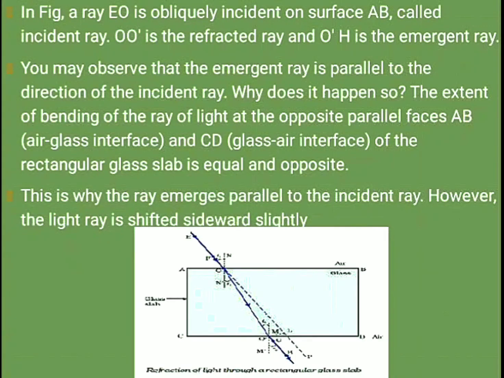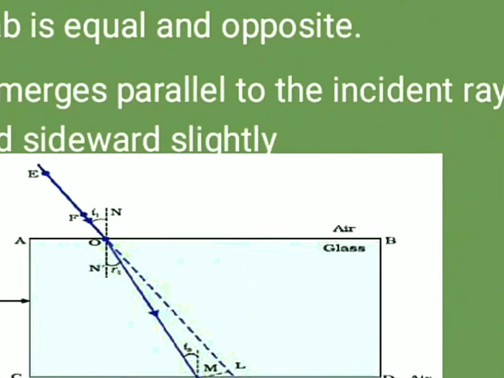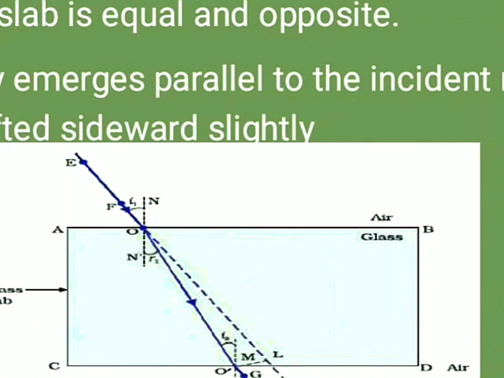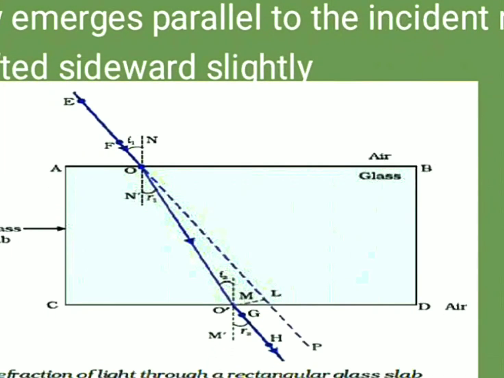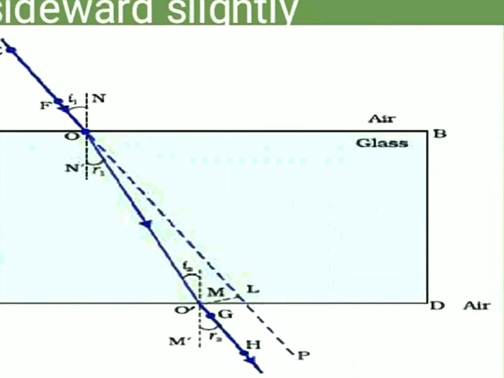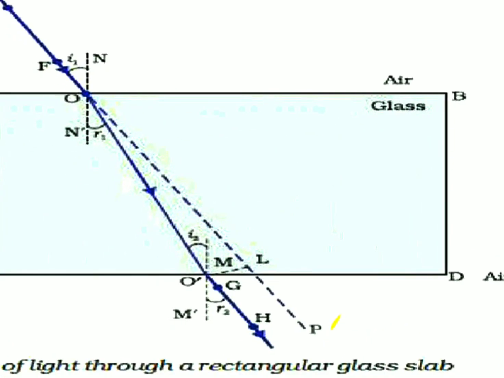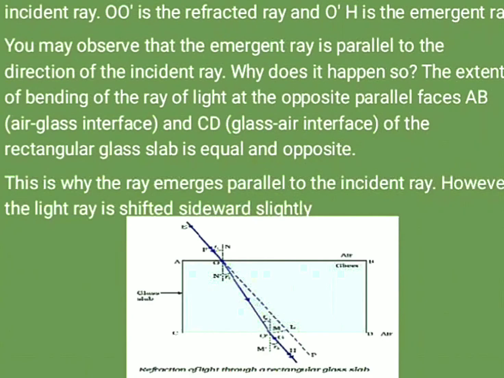So, in the figure which we have drawn, you can see EO is the incident ray, OO dash is the refracted ray, and O dash H is the emergent ray. So you may observe that the emergent ray is parallel to the direction of the incident ray.